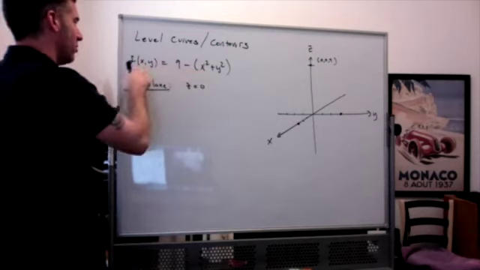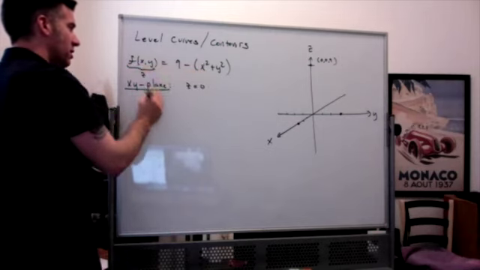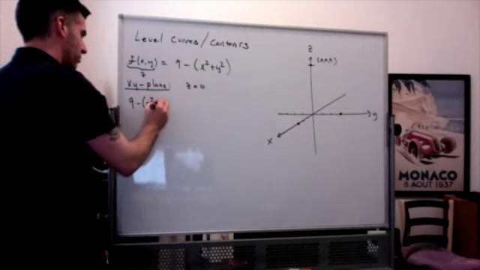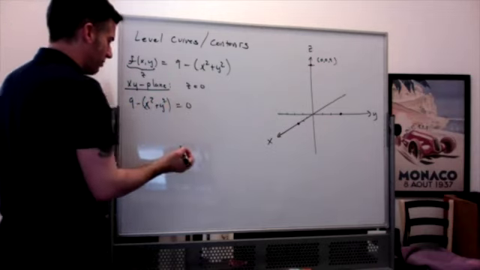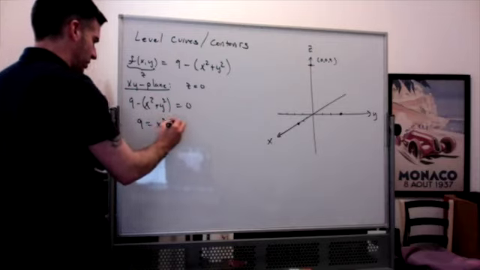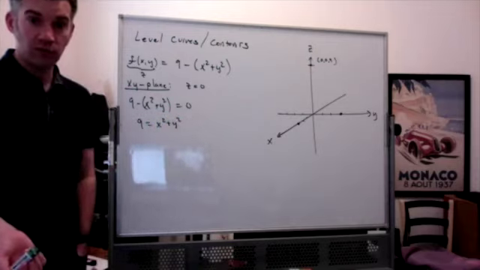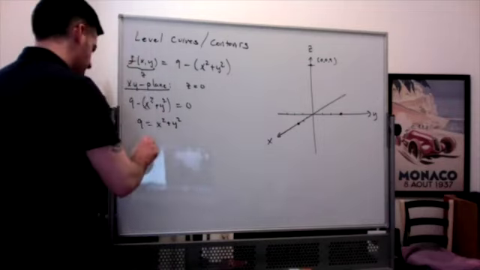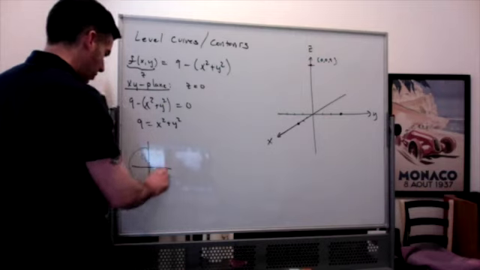If z is 0, then you've really got 9 minus x squared plus y squared equal to 0. If you bring this over here, that's 9 equal to x squared plus y squared. That's a circle of radius 3 centered at the origin. So in the xy plane, we've got a circle.